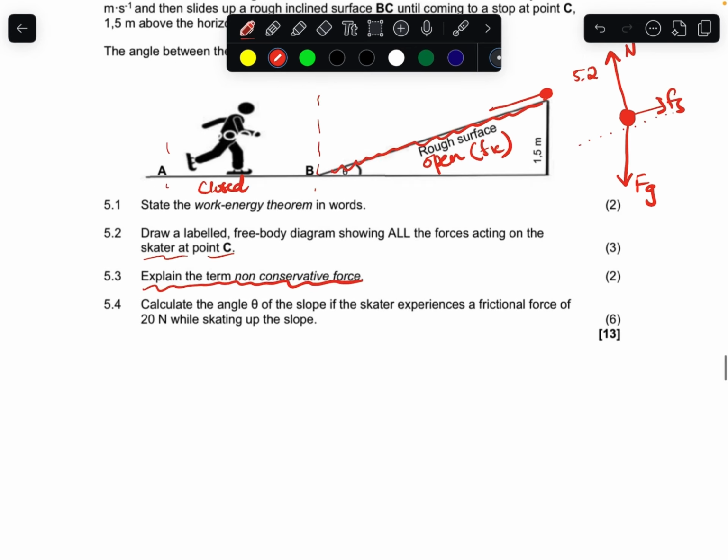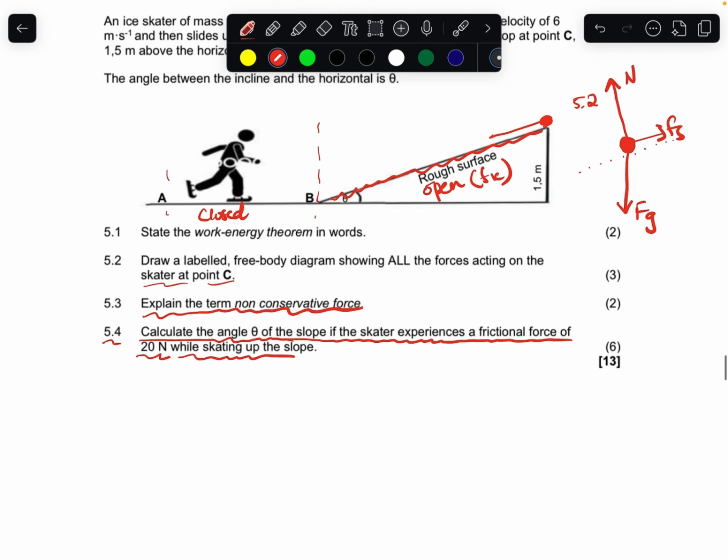Exam guideline once again. 5.4, calculate the angle theta of the slope if the skater experiences a frictional force of 20 newtons while skating up. So we want this angle.